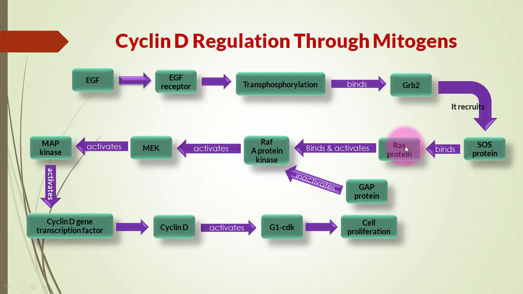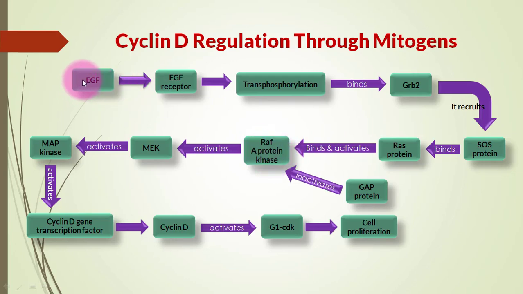RAS protein can be regulated by a protein called GAP protein. If there is no GAP protein or the GAP protein is inactive, the RAS protein will bind and activate another protein called RAF protein, which is a protein kinase.